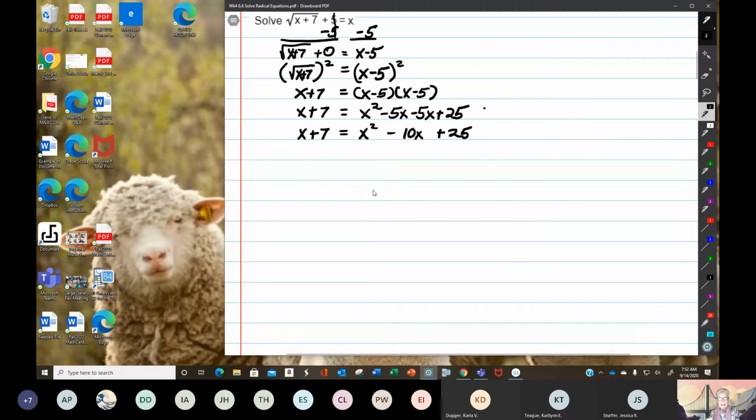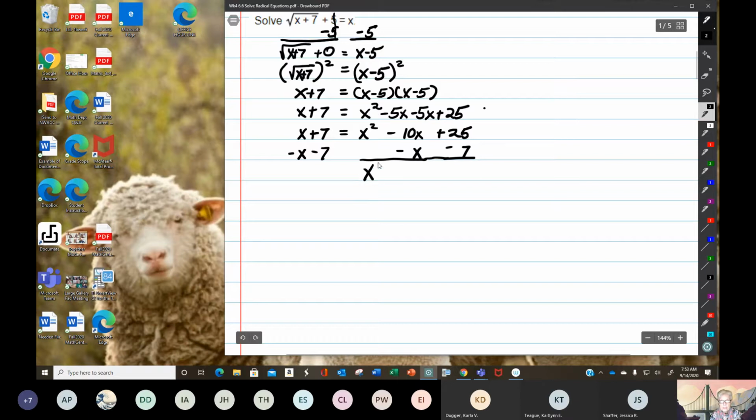Okay. Now I've got a quadratic equation. So I drag everything over to one side and set it equal to 0. It's always better to drag everything over to where the x squared is positive, because it's just easier. Well, I didn't have to do that.